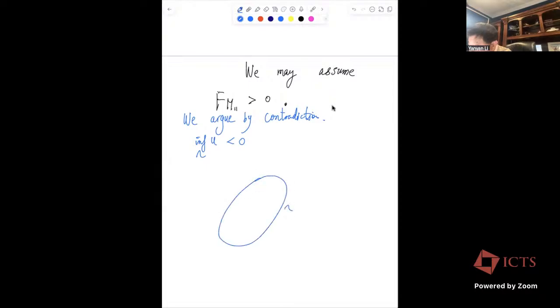We may assume, without loss of generality, that the minimum is achieved at the origin. There is a minimum point; you make a translation and call it 0. You can give this value minus k. K is positive.